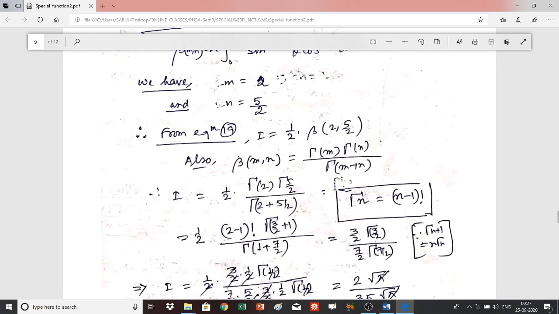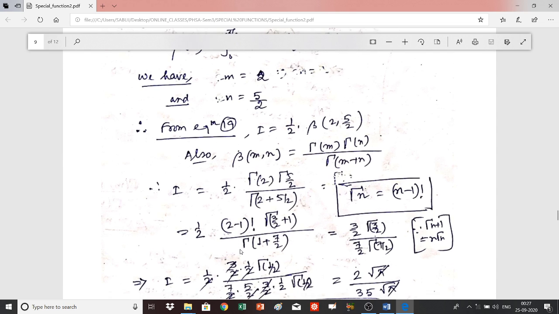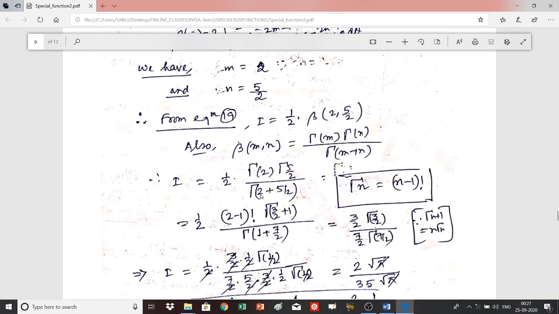And you know that gamma n is equal to n minus 1 factorial. So this will give you 2 minus 1 factorial, and then 5 by 2 can be written as 3 by 2 plus 1, and here 9 by 2 can be written as 1 plus 7 by 2.